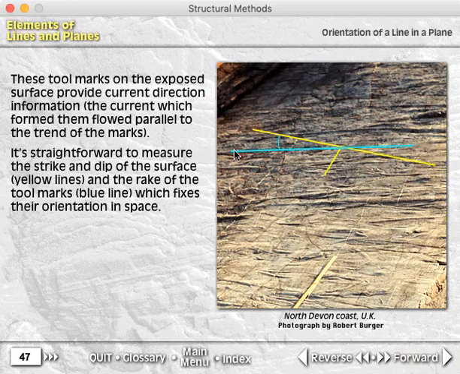So this blue line runs parallel to those tool marks. And so the angle between the strike line and the tool marks is the rake. And again, that defines the location of those tool marks within this plane. And it's something, again, as structural geologists, we can report, we can put this in our map, so that another geologist can read and know exactly what is happening within that plane.